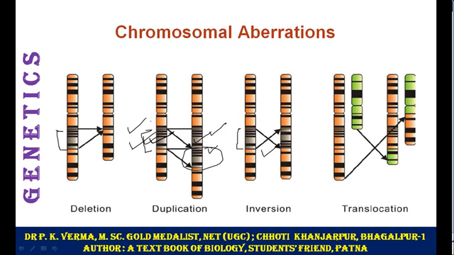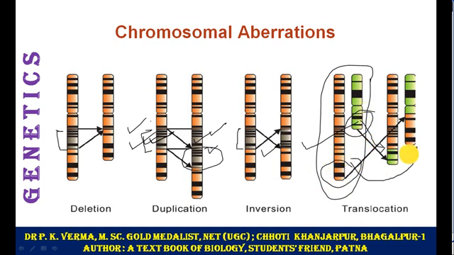So the process is called inversion. And in the fourth case, there are two different chromosomes. Part of one chromosome, this green painted chromosome, goes to the pink, and part of the pink chromosome goes to the gray. Thus, there is mutual transfer of some segment of chromosome that is called translocation.